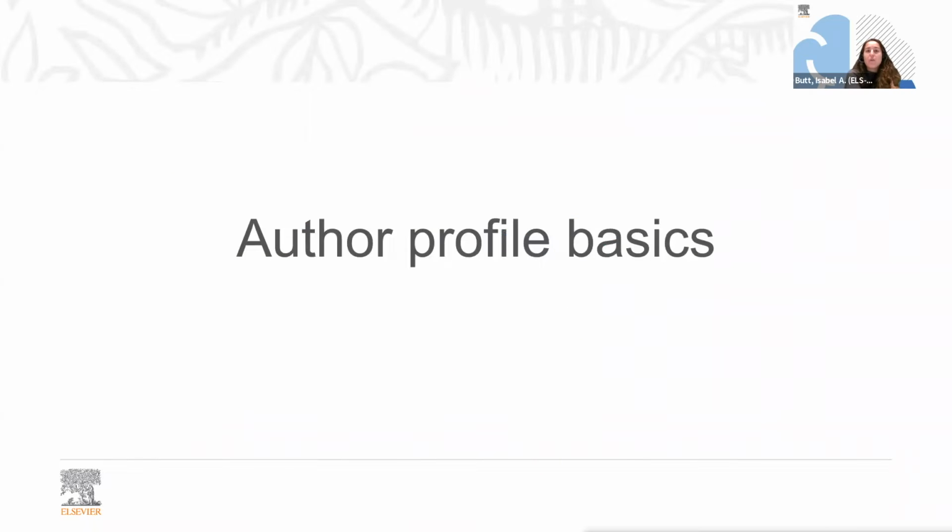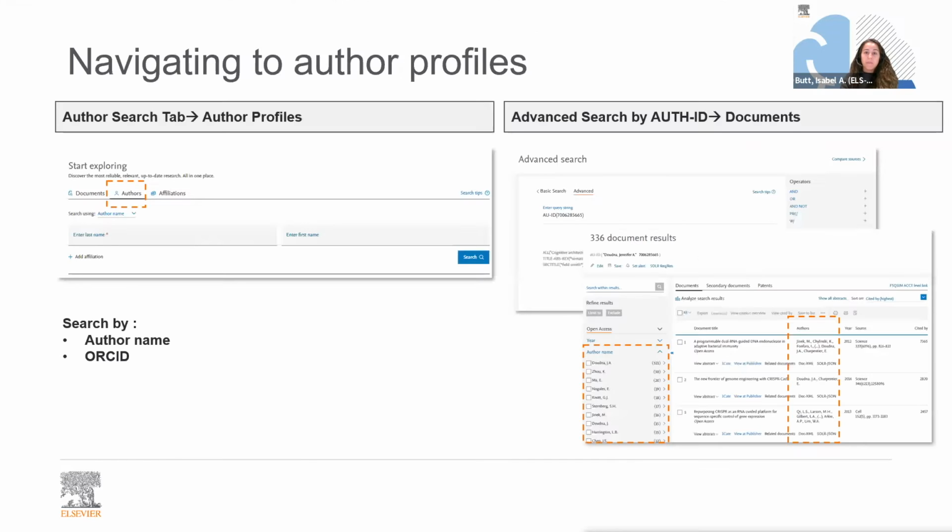Now onto the meaty part of my presentation. I'm going to give you all some tips to help support you in the needs you might have with showcasing your performance or looking at other people's profiles to help you really get the most out of the Scopus profile. Firstly, navigating to an author profile.